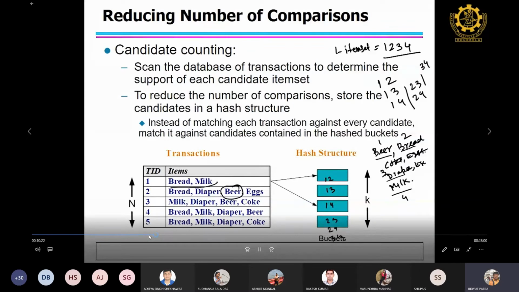So these are the 2-item sets that I am generating. You generate all the candidate item sets with length 2. Now what is the task? Some of the item sets will be infrequent, so you have to identify those.